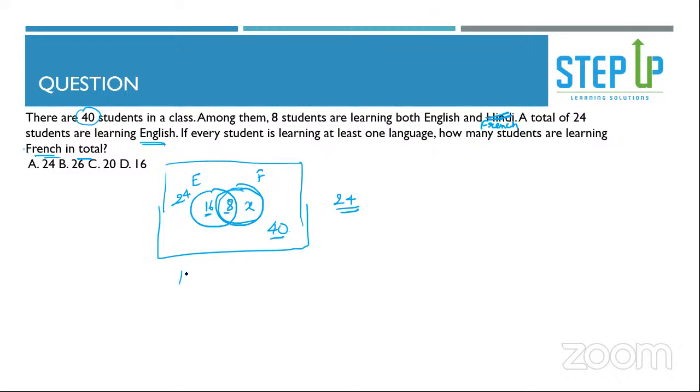Okay. 16 plus 8, 24 plus x is equal to 40. Yes, x is equal to 16. So here you will get x is equal to 16. How many students are learning French in total? So your answer has to be 8 plus x. How many are learning only French? So your answer would be 16. Fine, Sameer and Sagar.